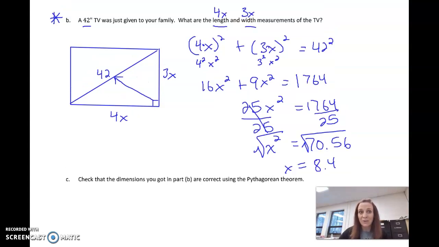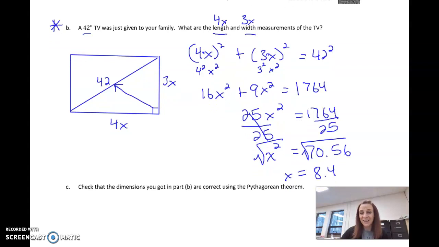Okay? Now, just to finish up here, what is the length and width of the measurements on the TV? Well, the length is 4 times whatever x is, 8.4. So if you go 4 times 8.4, you get 33.6 inches. Hopefully I did that right.